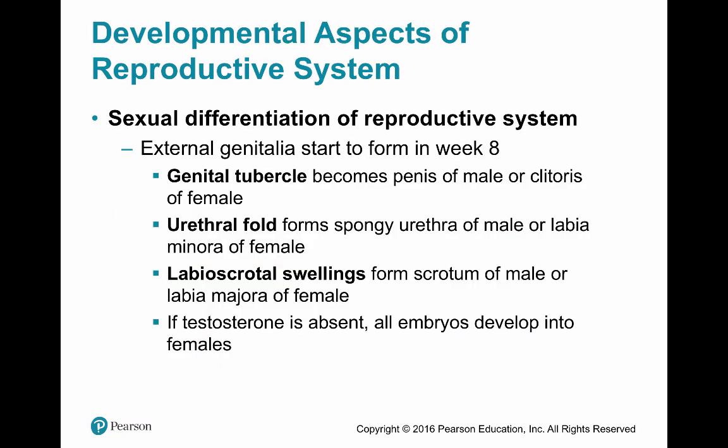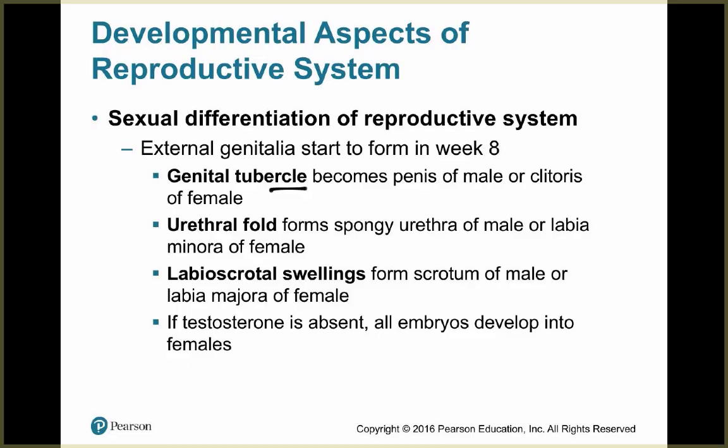So basically, in sexual differentiation, external genitalia start to form in about week 8. The genital tubercle becomes the penis of the male or the clitoris in the female. The urethral fold will become the spongy urethra of the male or the labia minora in the female.